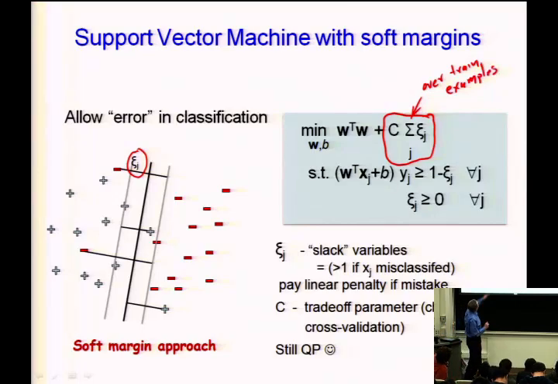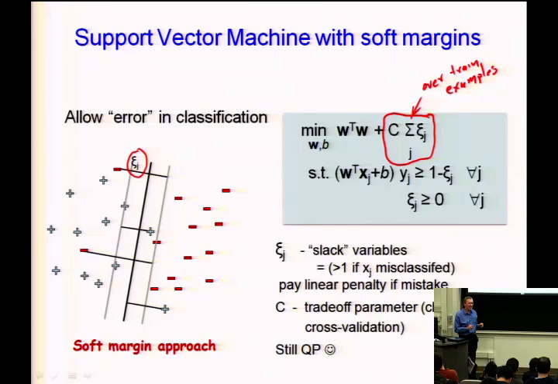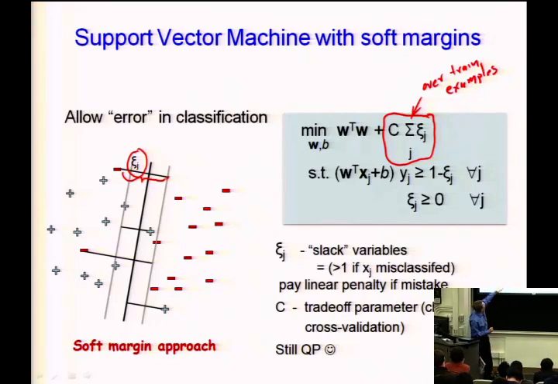Of how far we would have to move that example if we wanted to get it on the right side of the decision boundary. So if I have this red negative example sitting on the wrong side of that decision boundary, I could move it just this distance, C. And if I moved it that far, it would become a support vector with the right label.